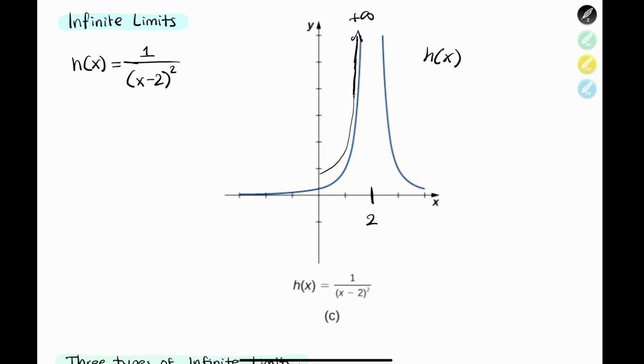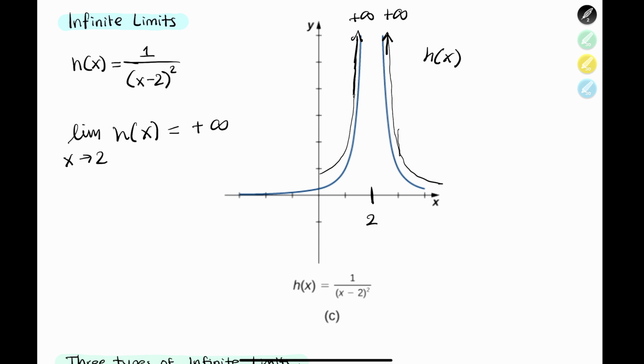And as we approach 2 from the right-hand side, we could see that we're still going all the way up to infinity as well. So we could say that the limit as x approaches 2 of h of x is equal to positive infinity.